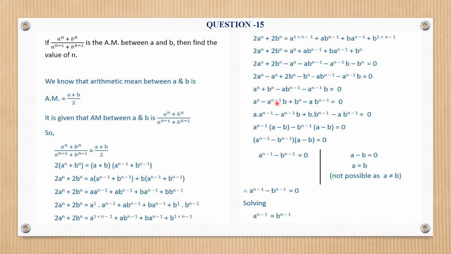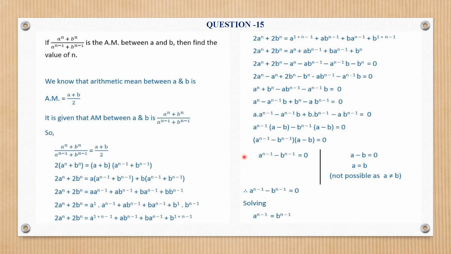And this is minus, this is same. Similarly, b^n can be written as b into b^(n-1). Now from these two terms, we did it all to take something common. So a^(n-1) is common, and inside we get a minus b. From these two we get b^(n-1) common into a minus b, equal to 0.